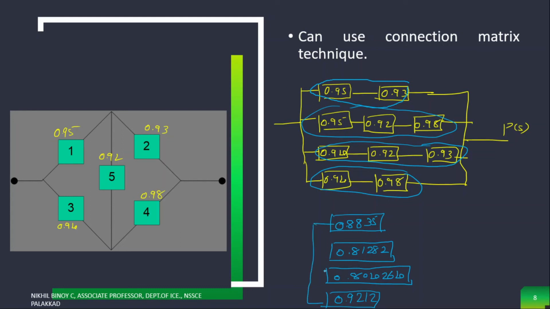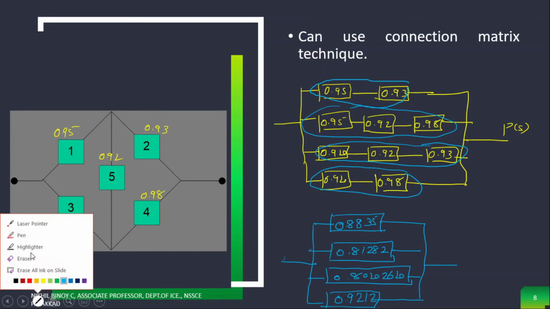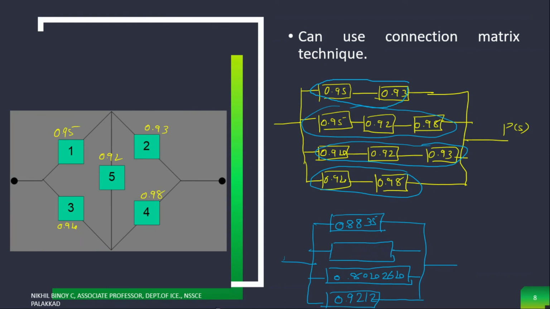So these are the parallel paths. The second one is 0.95 into 0.92 into 0.98, which is 0.85652.